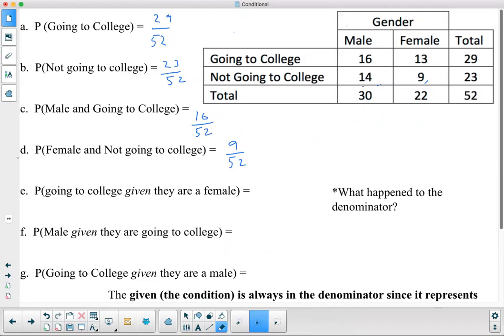This is where it gets different. Probability of going to college given they are a female. So in this situation, the restriction is we are only asking the female students.